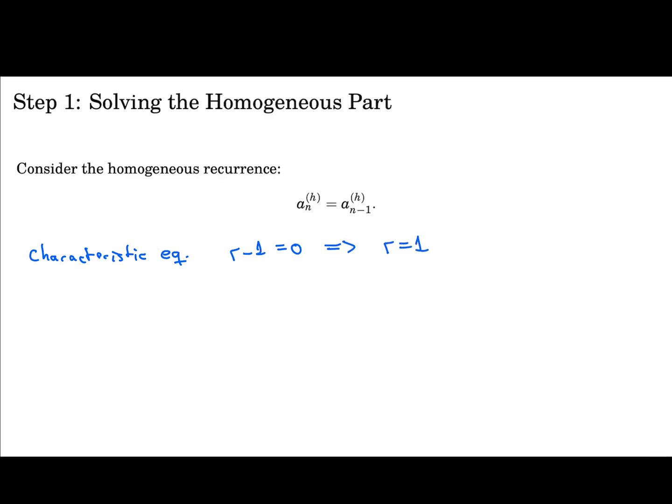Since there is one distinct root, because you can have at most one root, the general solution is given by a_n equal to some constant times 1 to the power of n. But 1 to the power of n is always 1, so this is just a constant, alpha. Again, the recursion says the next value is equal to the previous one, so it's always just a constant.